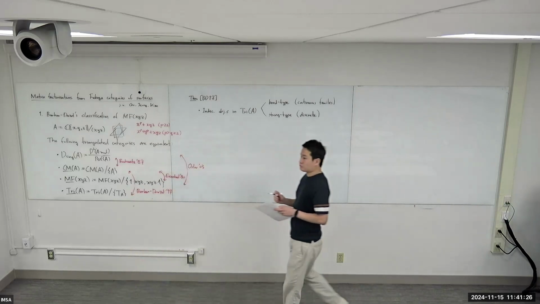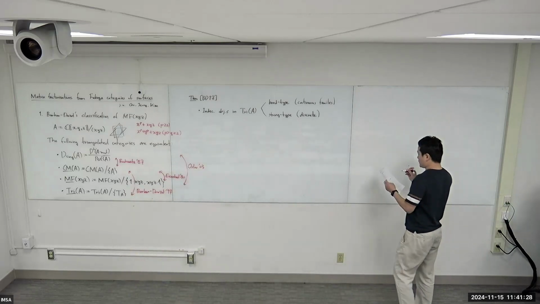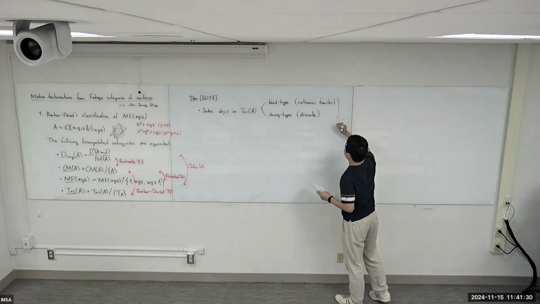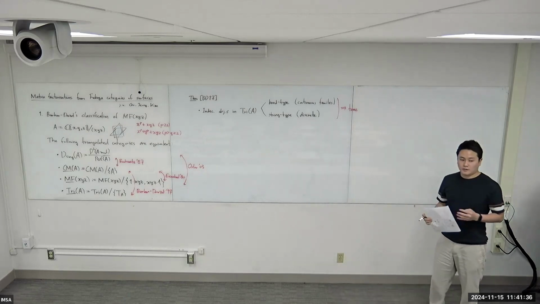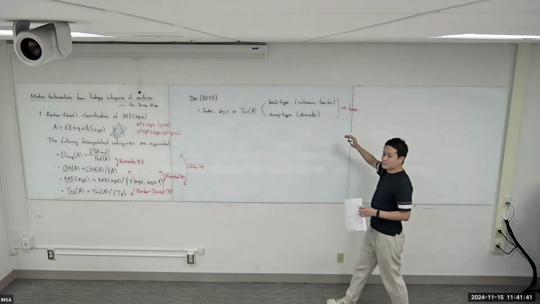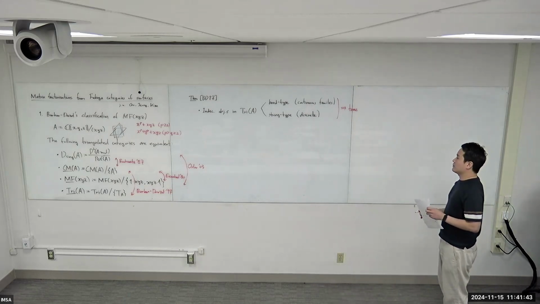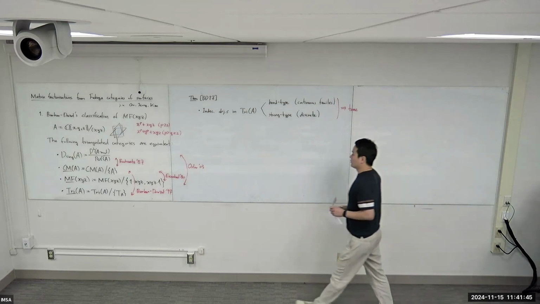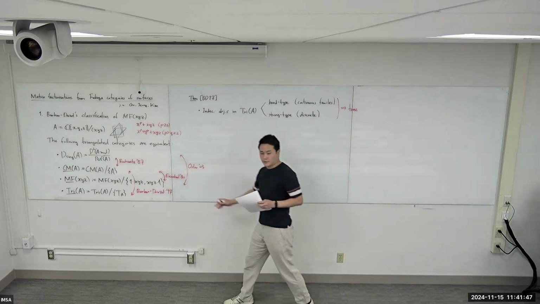As a result, it turns out that this category is representation tame. Not finite, not discrete, but tame, with continuous families.